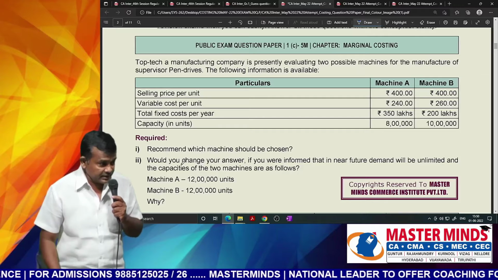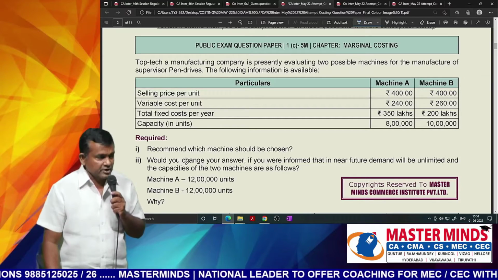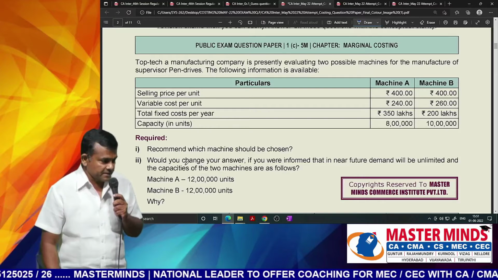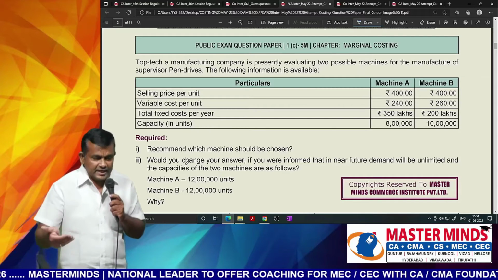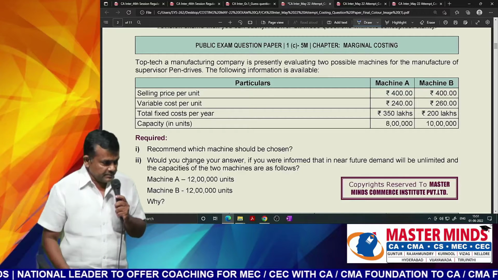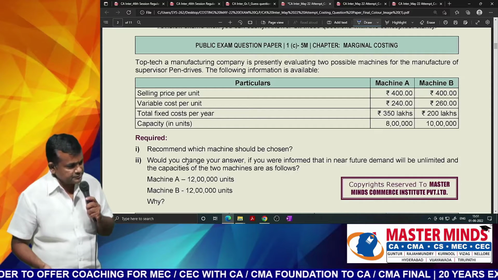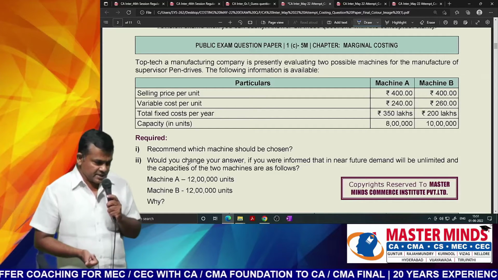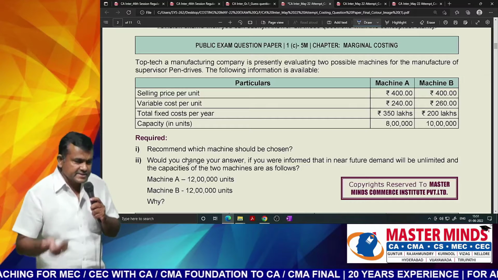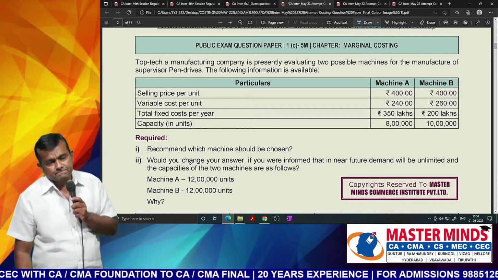Otherwise, calculate the indifference point, then decide. Suppose the product demand is compared with the indifference point volume. If product demand is more than the indifference point, the low variable cost option should be selected. If product demand is less than the indifference point, the low fixed cost option should be selected.